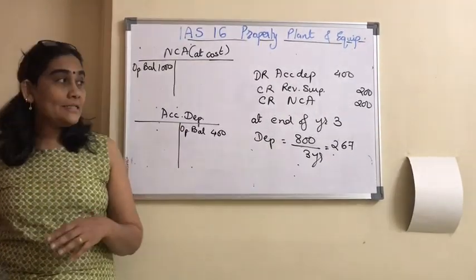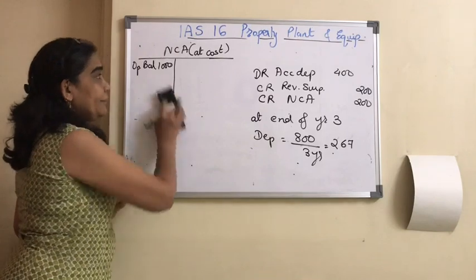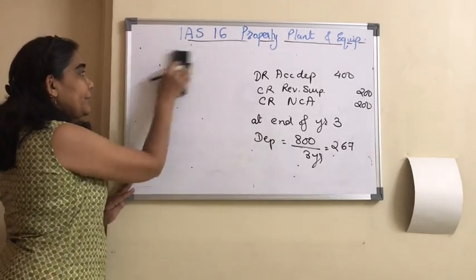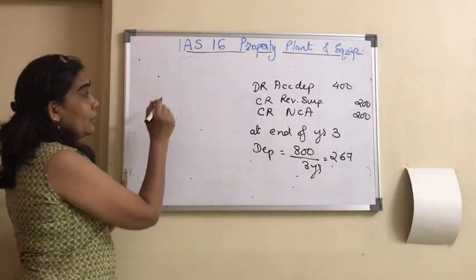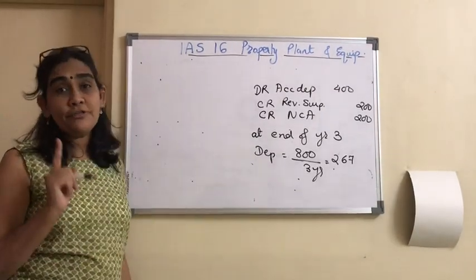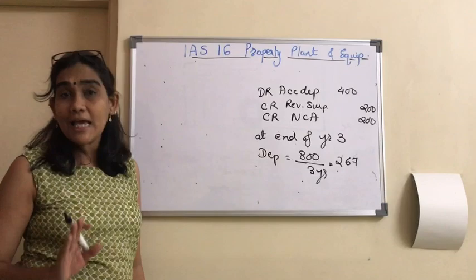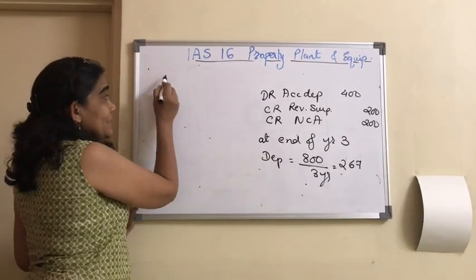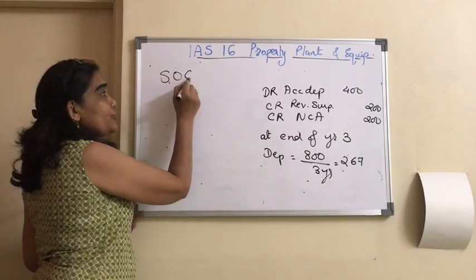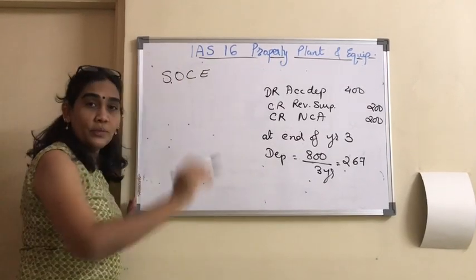So it is calculated as difference between the old depreciation and the new depreciation. And this will not reflect anywhere in SOPL. It will come in statement of changes in equity.